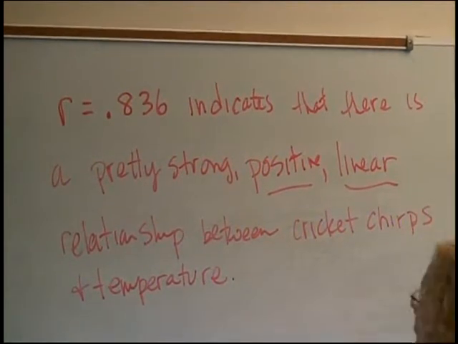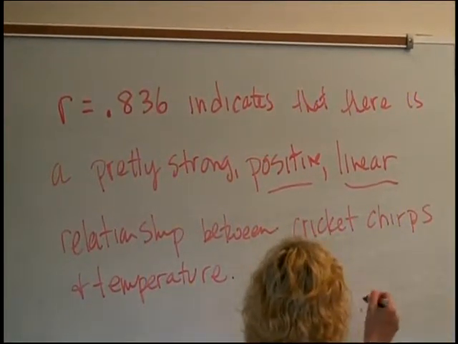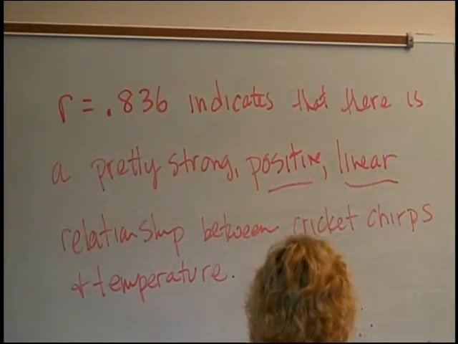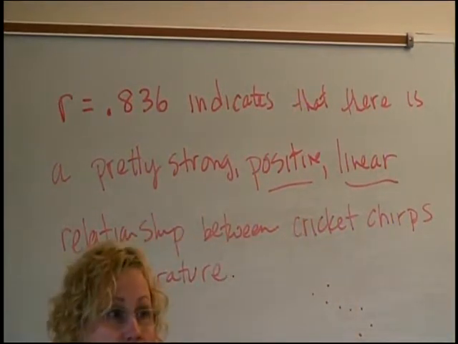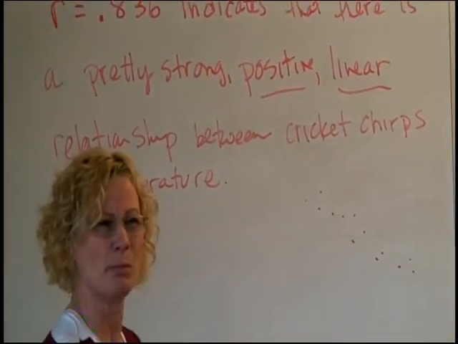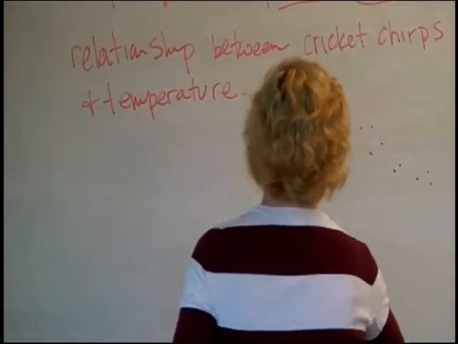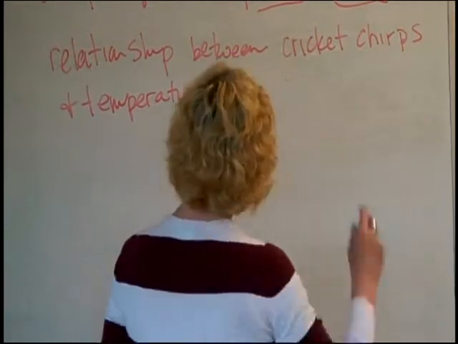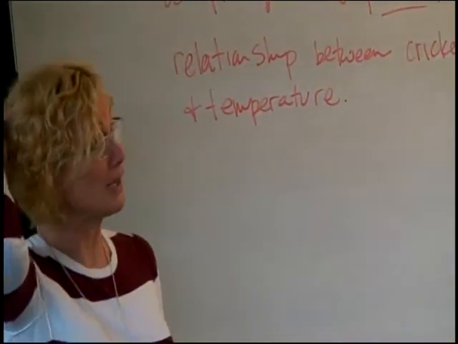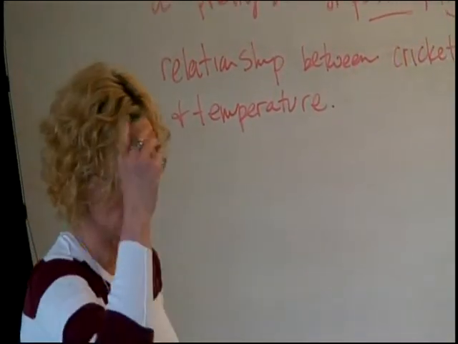So that would be where the dots are lining up, kind of in that fashion. And closer to 0 means what? The worse the linear relationship. Okay, so 0.836 we like, very good.